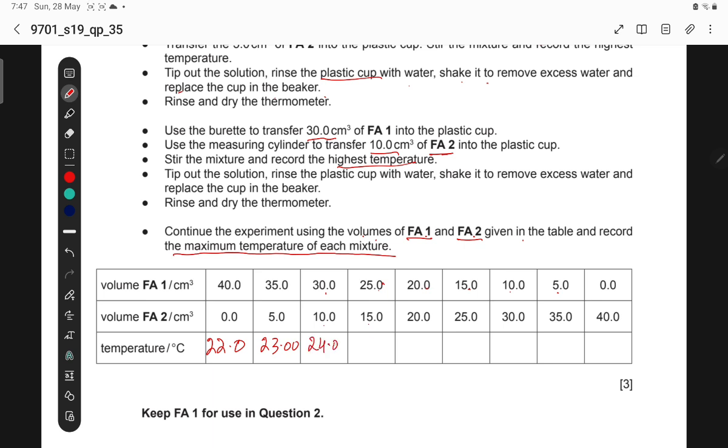This is 24.0, 1 decimal place. 24.0, and this is 25.5, this is 26.0. So the temperature starts dropping down, 24.0, 23.0 and 22.0. So in this way you will complete the table.